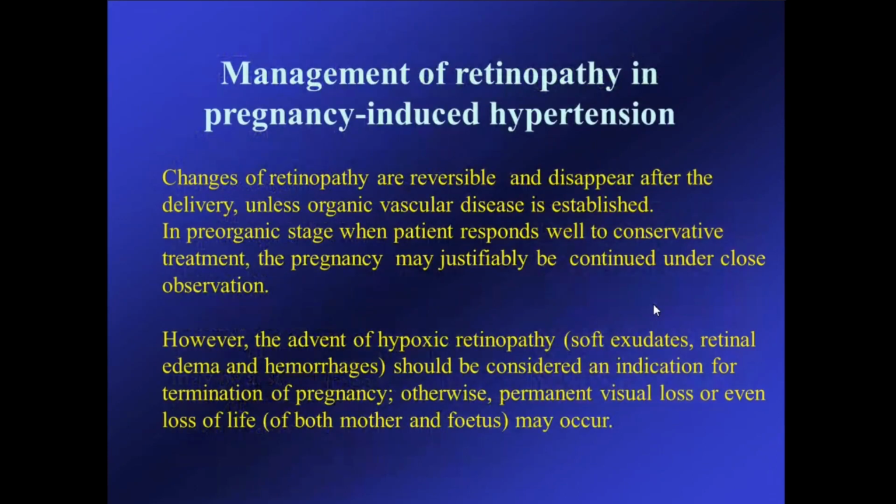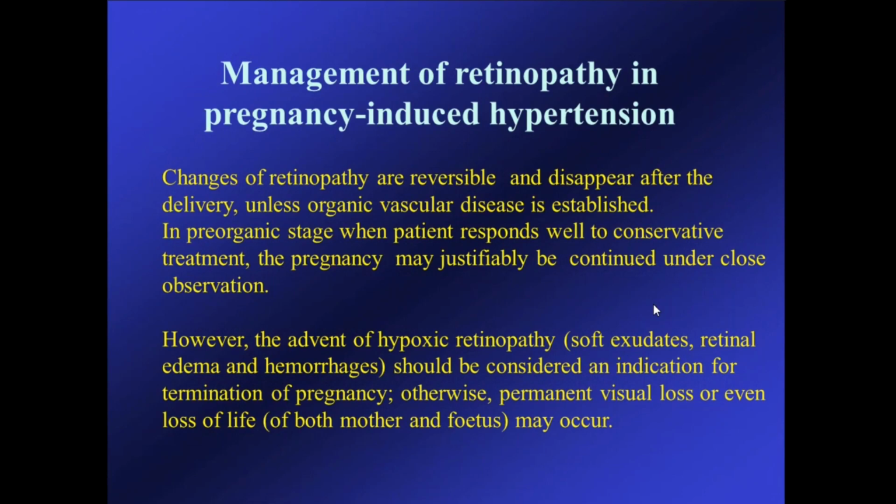What should we do in a retinopathy in pregnancy, including hypertension? Changes in the retina usually are reversible and disappear after the delivery, unless organic vascular disease is established. In the pre-organic stage, when patients respond well to conservative treatment, the pregnancy may justifiably be continued under close observation.